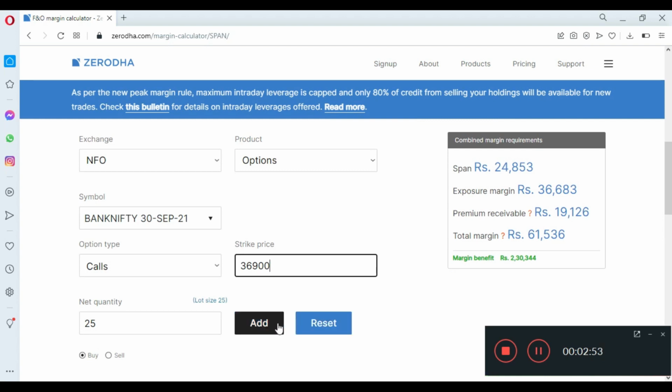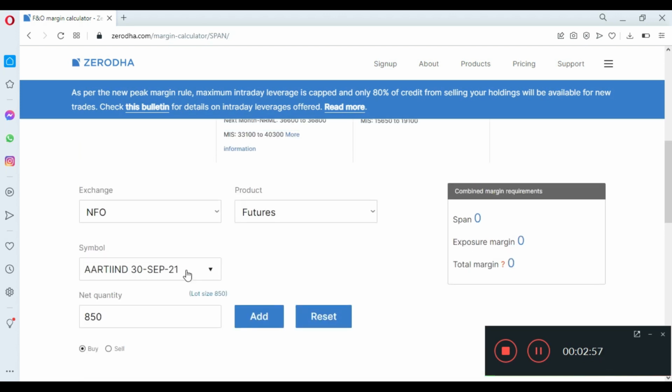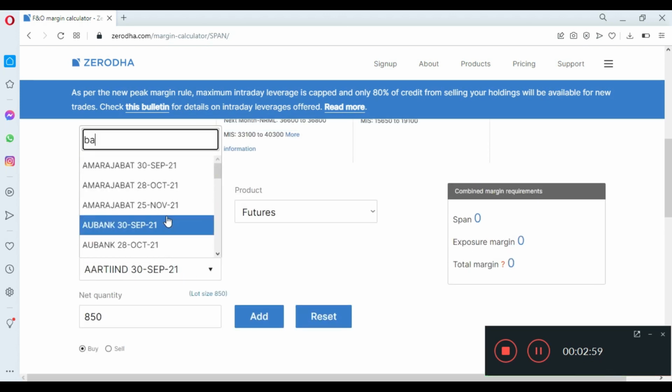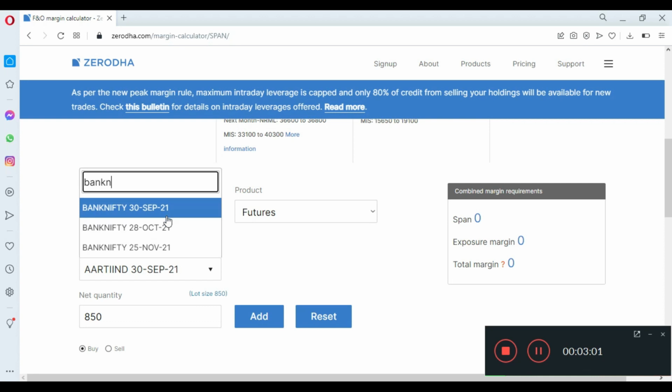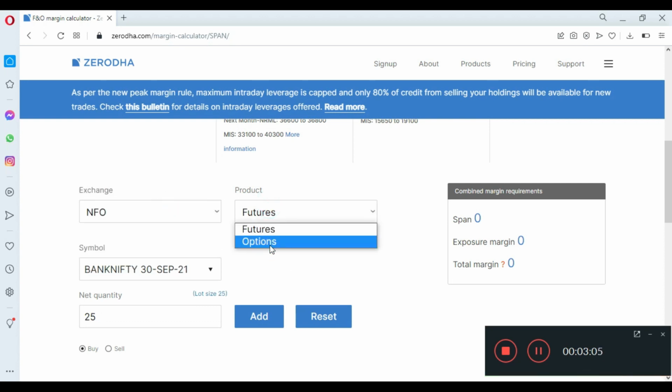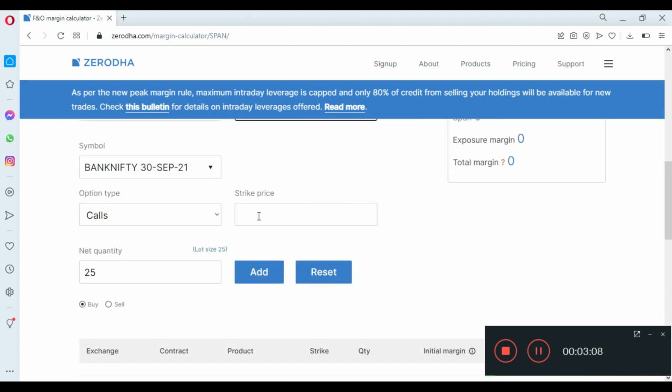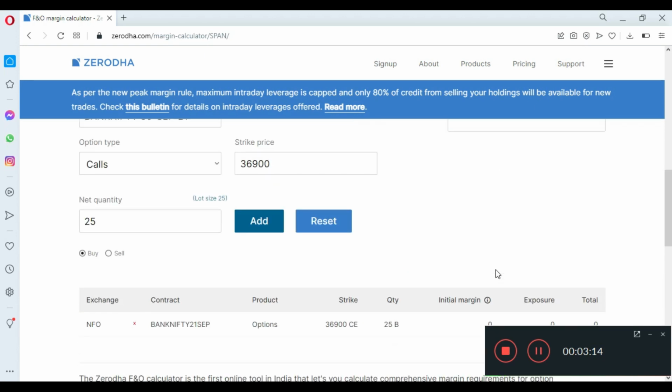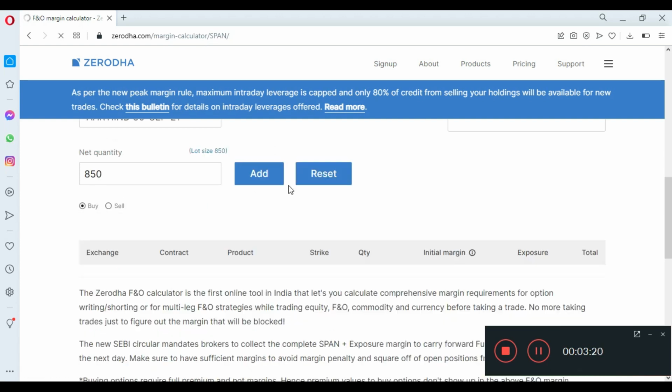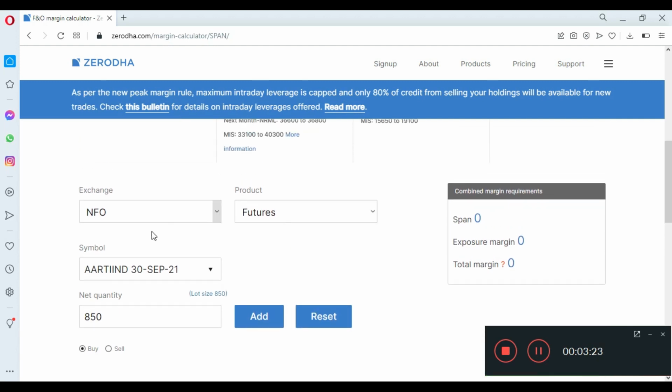First let me reset it and add Bank Nifty, and I'll show you how much margin benefit we get exactly using our Ironfly. So let me select the 36,900 call. I add this one.